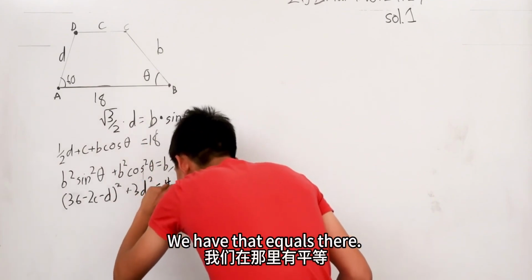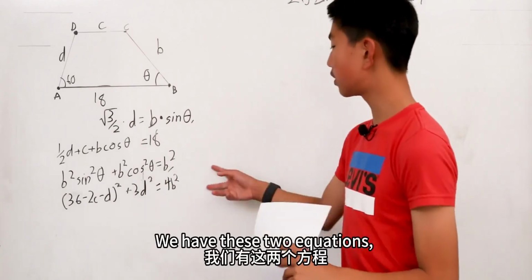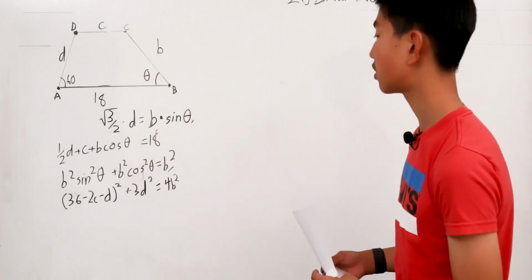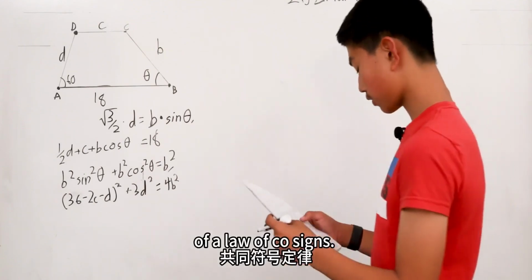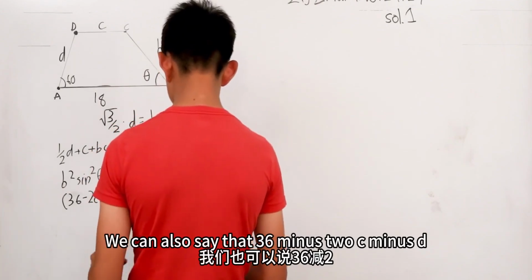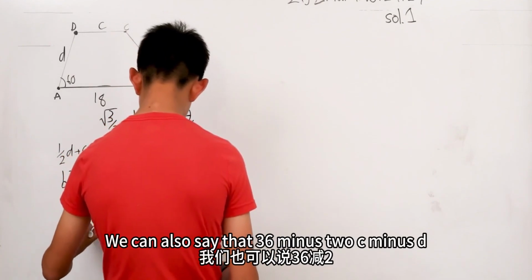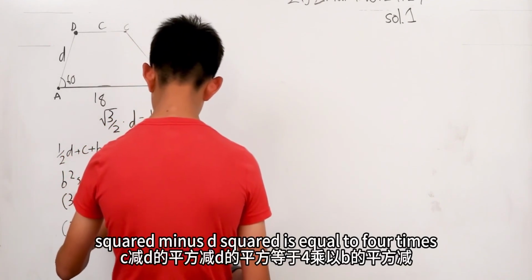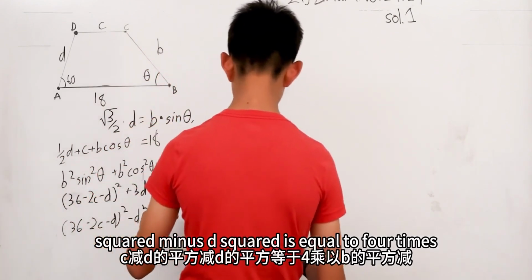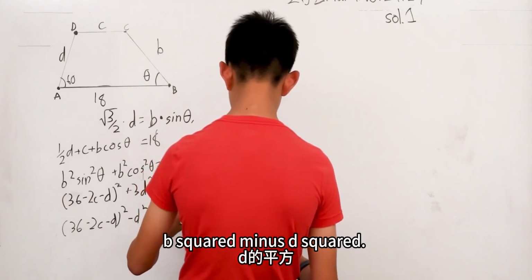So we have these two equations, and we can further elaborate in this case of law of cosines. We can also say that 36 minus 2c minus d squared is equal to 4 times b squared minus d squared.